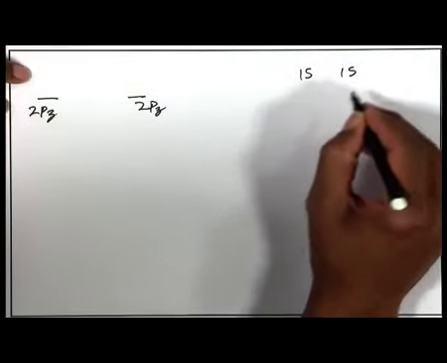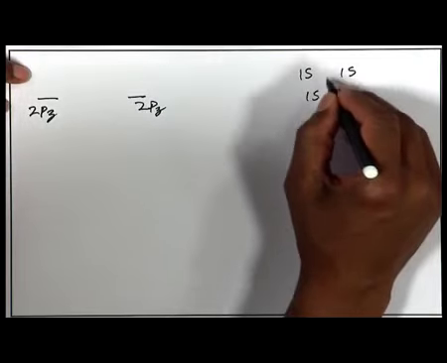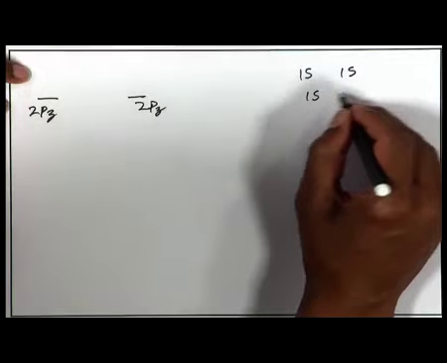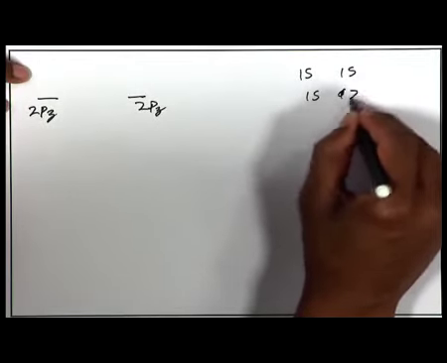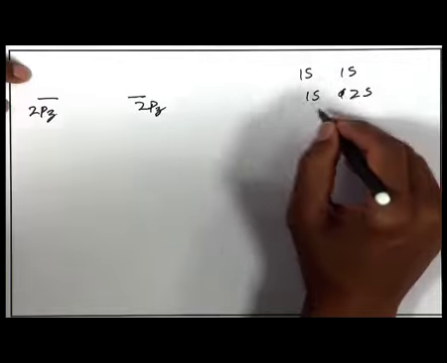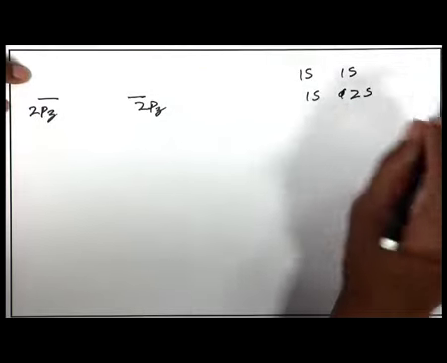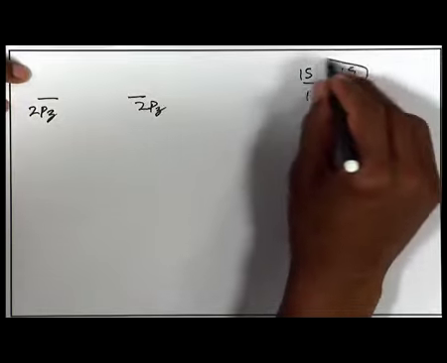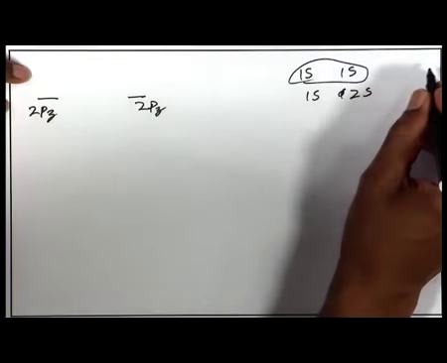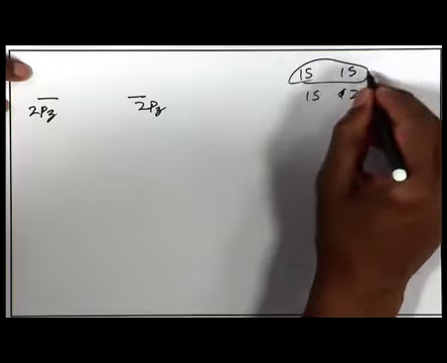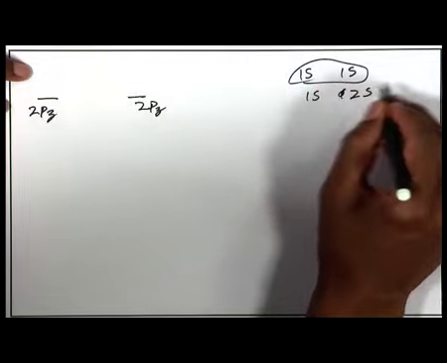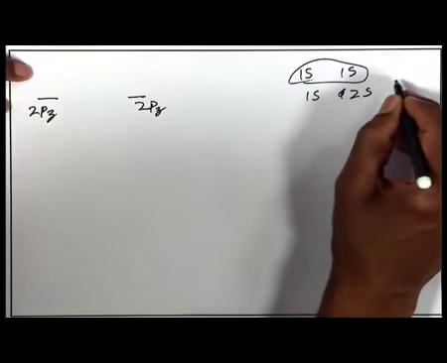Another important condition is that they should have the same symmetry. So, a 1s orbital can combine with a 1s orbital, but a 1s orbital cannot combine with a 2s orbital, because the 2s orbital is higher in energy compared to the 1s orbital. These two orbitals can combine to give a molecular orbital, provided they have the same or almost equal energy.